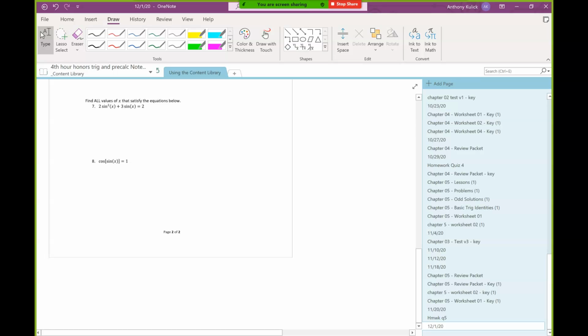The first thing you'd want to do is try to get the x by itself. So really we're going to take the cosine inverse of both sides. If I go to the unit circle, the cosine inverse of 1, the places where cosine can give me 1, is at 0, and then everything coterminal to it, right?